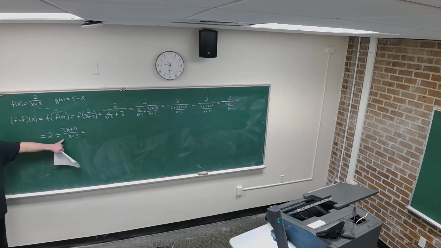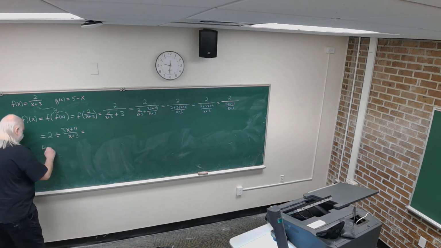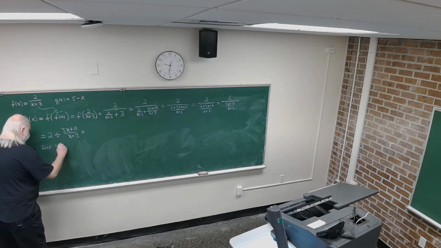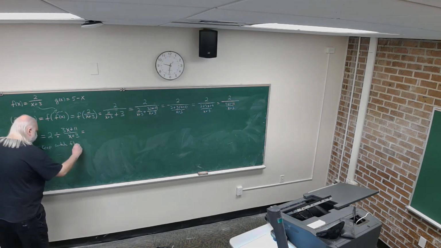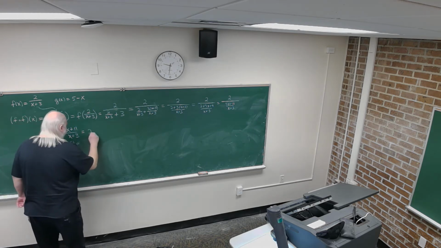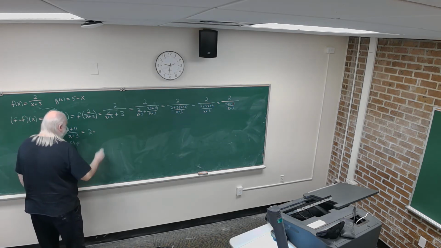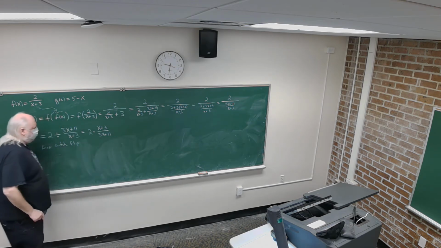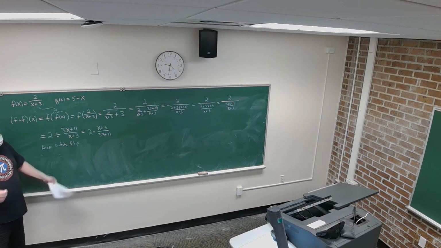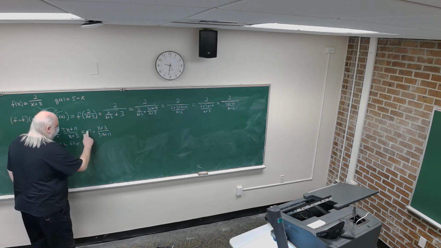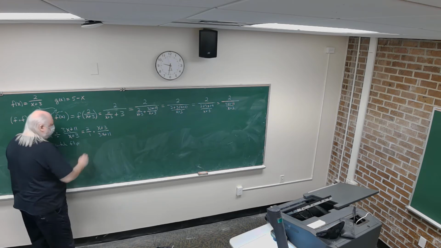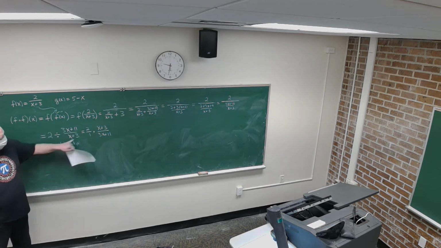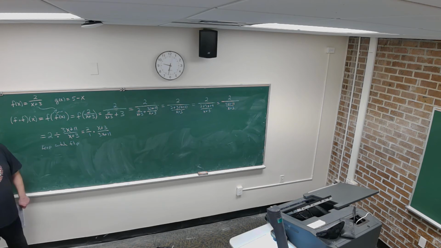Keep, switch, flip, right? So we keep the 2, change division to multiplication, flip the second fraction. Just so we do the multiplication correctly, just remember 2 is the same as 2 over 1. And when you multiply two quotients, you multiply straight across, right?